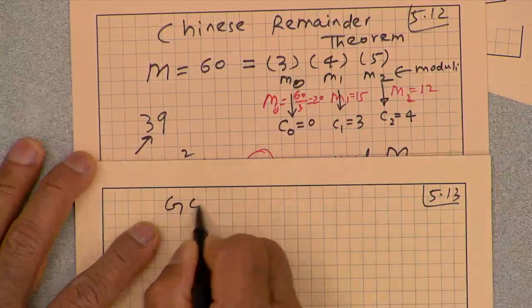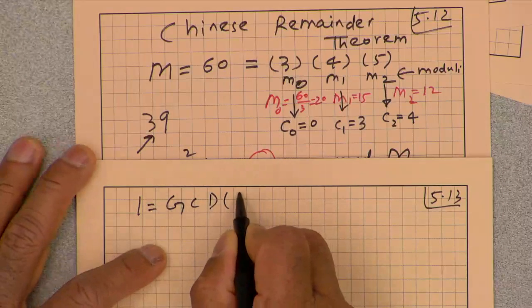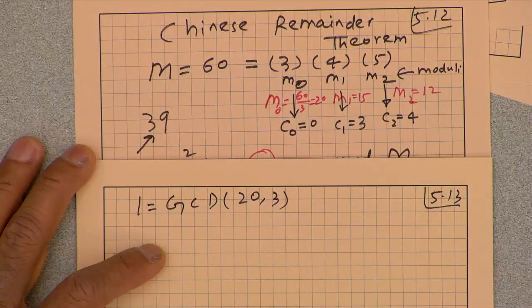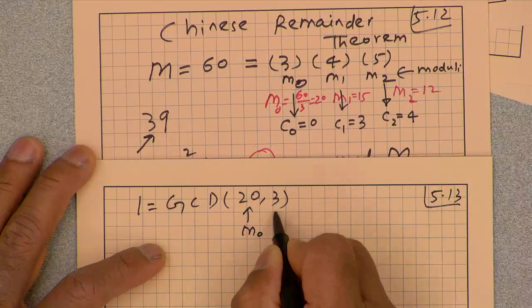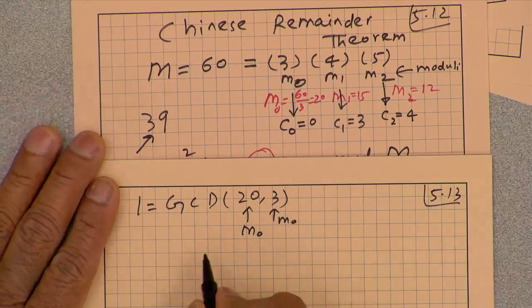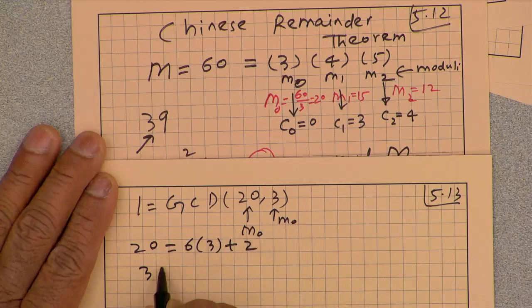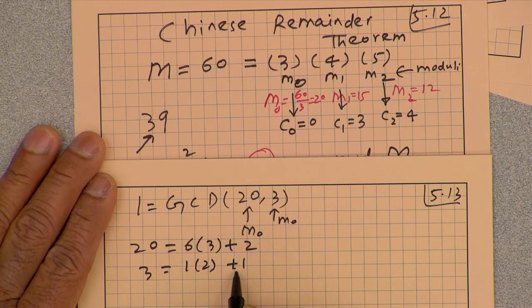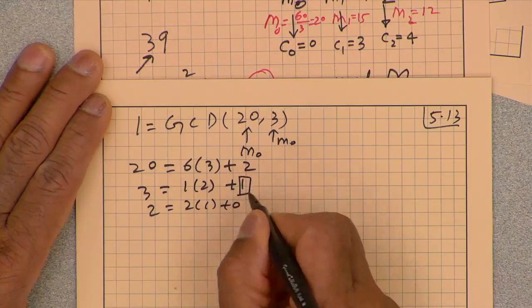So 1 is equal to GCD of 20 and 3. This is M0. How do we compute? 20 is equal to 6 times 3 plus 2, 3 is equal to 1 times 2 plus 1, and then 2 is equal to 2 times 1 plus 0, and then we backtrack.